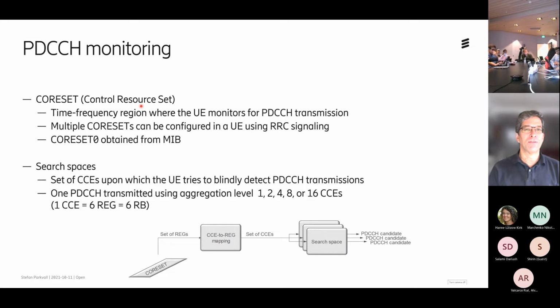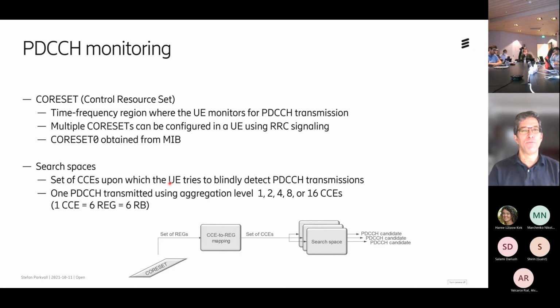Such a CORESET is 1, 2, or 3 OFDM symbols long in duration, and it has a certain span in the frequency domain as well. So that is one such CORESET that we specify and configure. And we can configure multiple of these CORESETs in a UE. We get to some figures later on where we can see that.